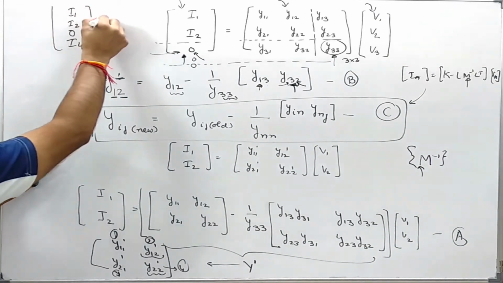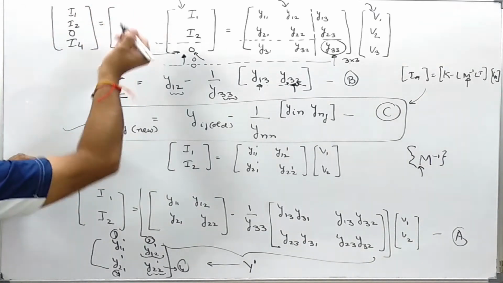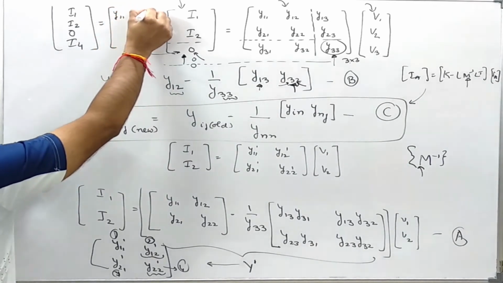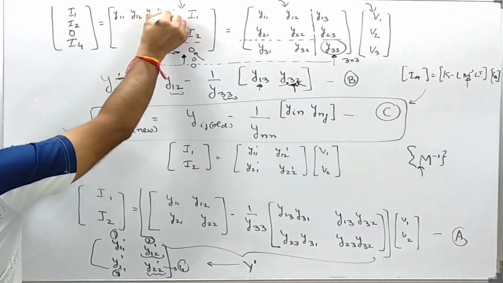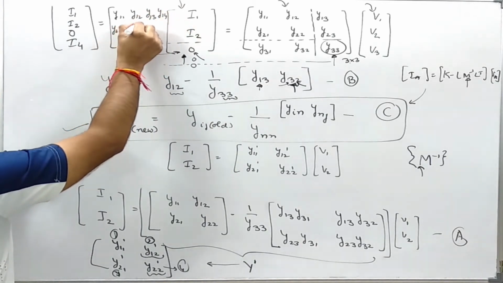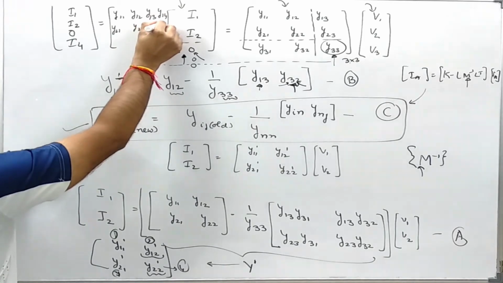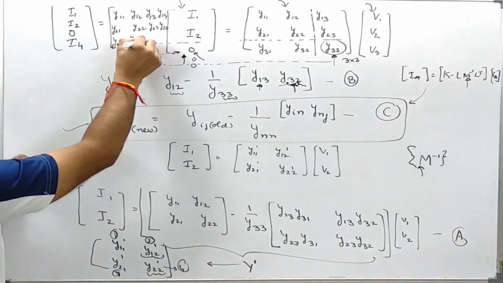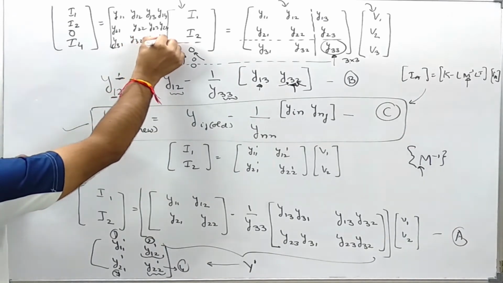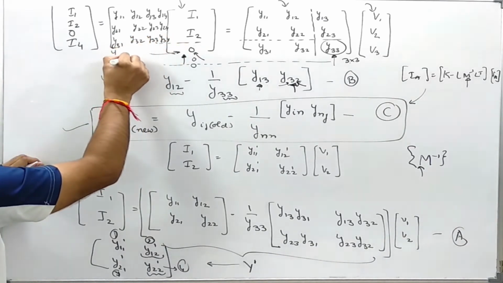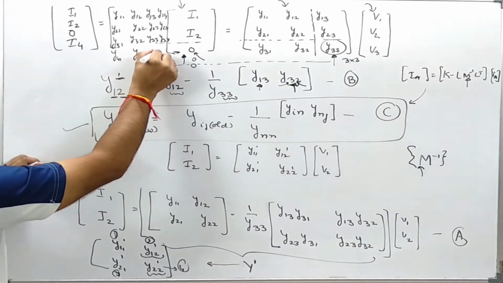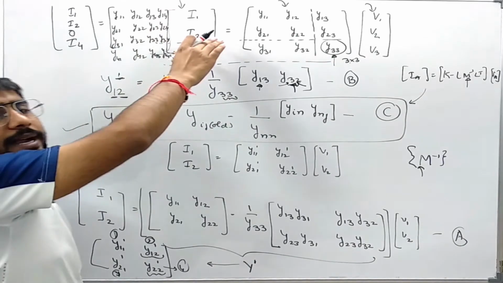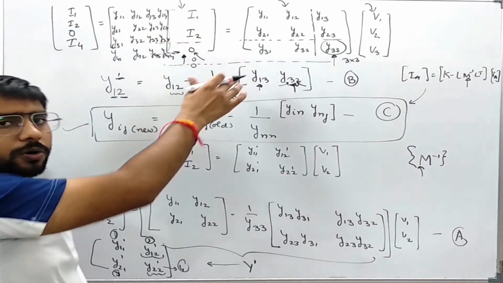And let us say it was having an admittance matrix Y11, Y12, Y13, Y14, Y21, Y22, Y23, Y24, Y31, Y32, Y33, Y34, Y41, Y42, Y43, Y44, and the bus voltage matrix as V1, V2, V3, V4.